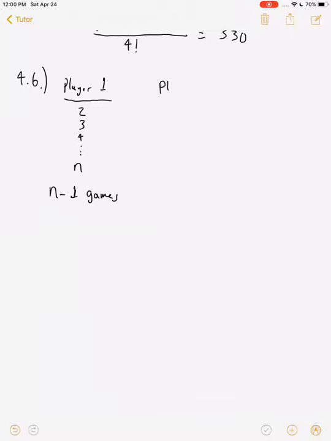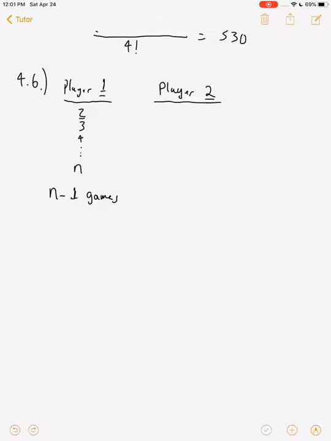And then we get to player 2. Player 2 will play against player 1, but we've already counted that in the first game. We've already said player 1 plays player 2, so that's no different from saying player 2 plays player 1. We're not going to count that again, and they're not going to play themselves. So we're going to start from player 3, 4, 5, all the way to n.